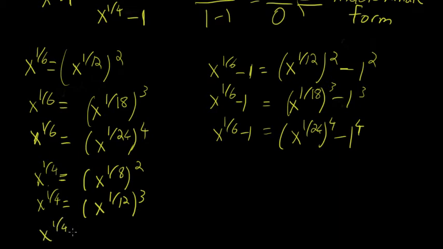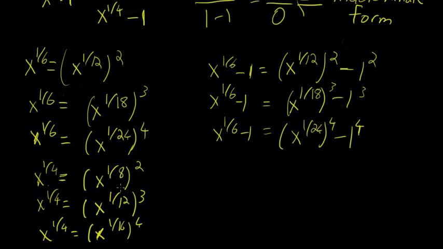And finally, it can be rewritten as x to the 1/16 to the 4th. And there are actually infinitely many forms it can be rewritten as, like x to the 1/20 to the 5th, and so on and so forth.